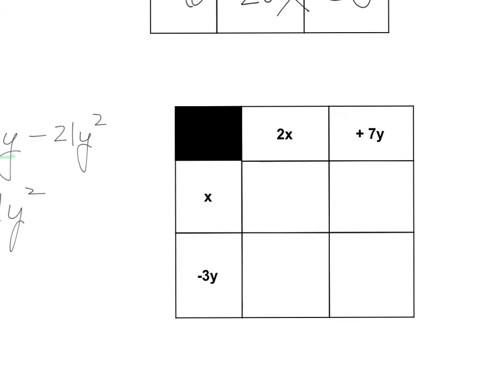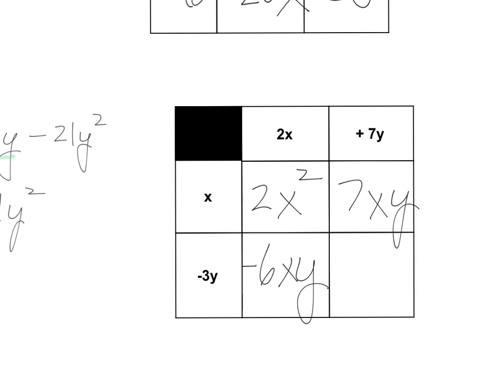Let's see if we get the same thing over here. x times 2x would give us 2x squared. And then we do x times 7y would give us 7xy. Now we have negative 3y times 2x. We get negative 6xy. And then lastly, we have negative 3 times 7 is negative 21. And then y times y gives us y squared.